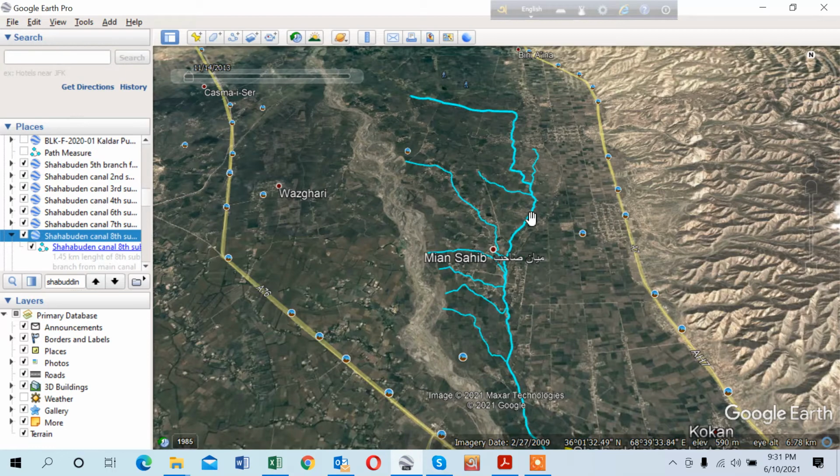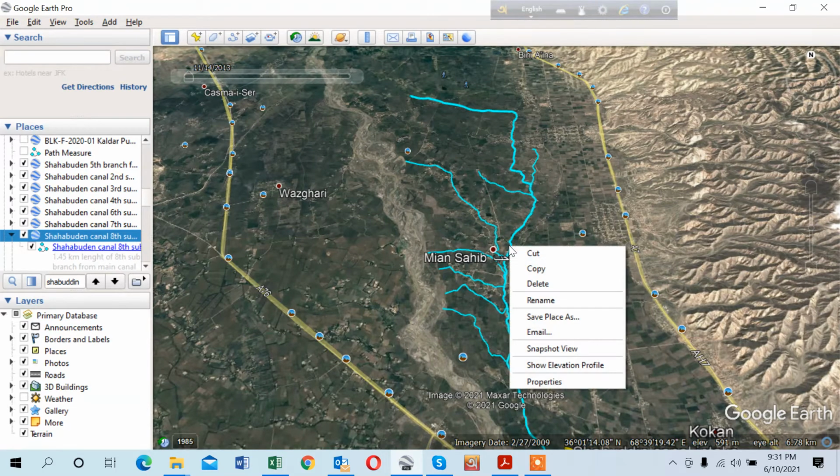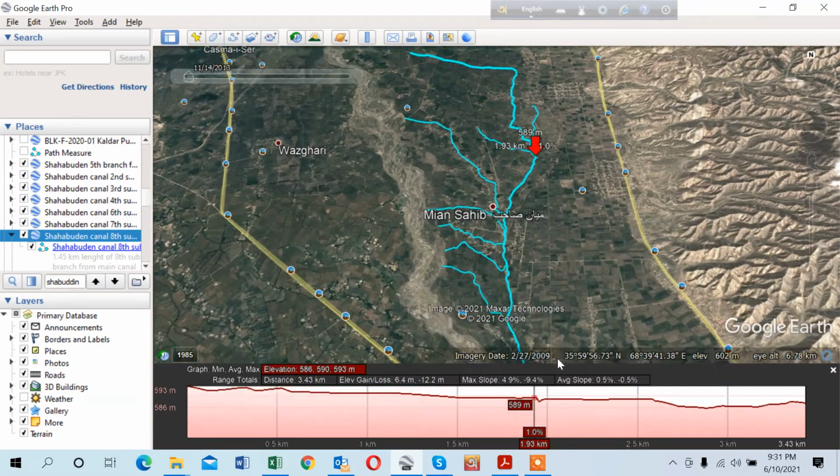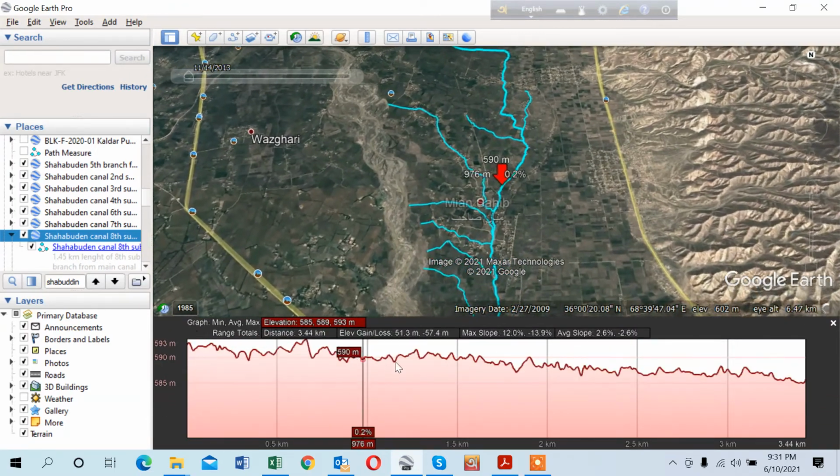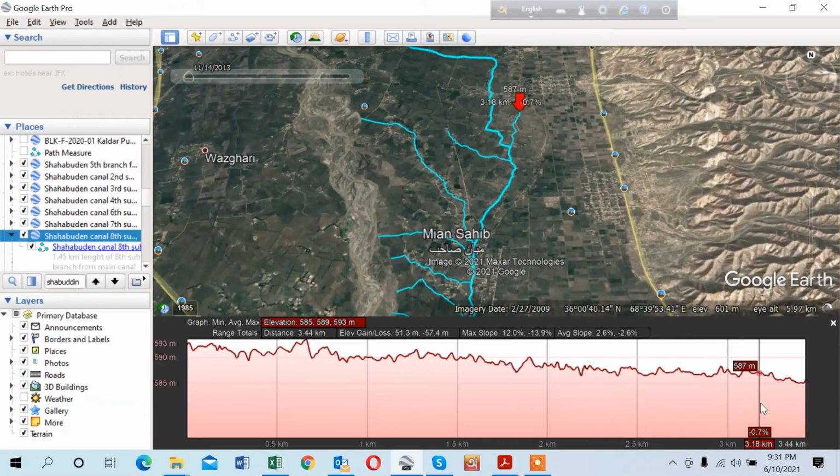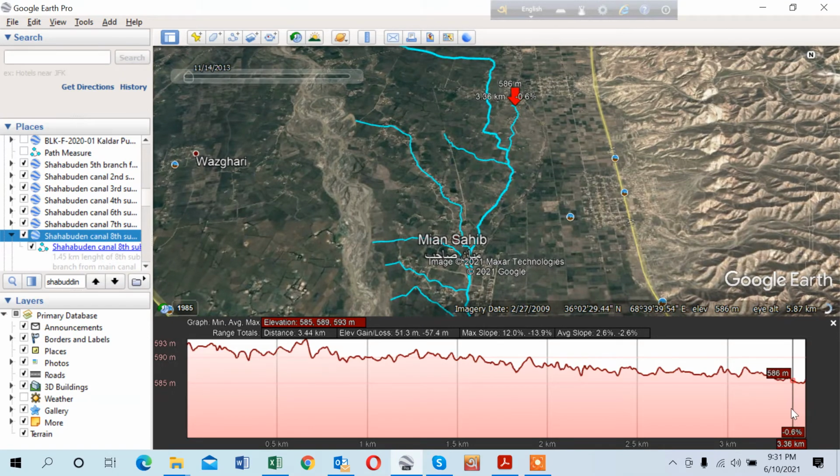Otherwise, you cannot control. All the water will be taken up by two, three canals, and this area will not be irrigated. So you need a number of branch channel structures to control the water. You need a structure at every point. Another issue is this. You have big canals, and this big canal has a big slope, and this slope is quite high.